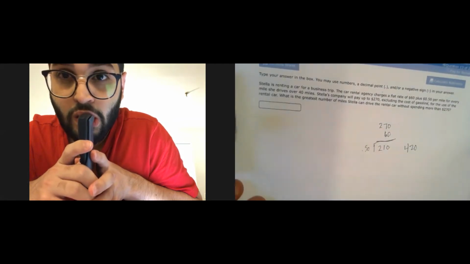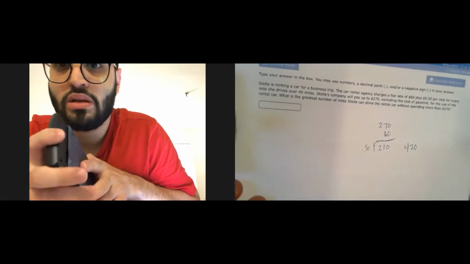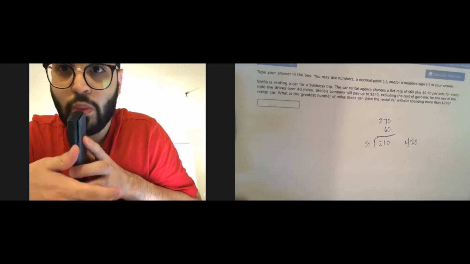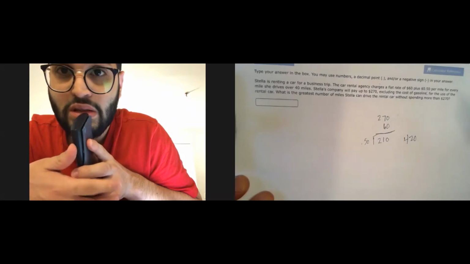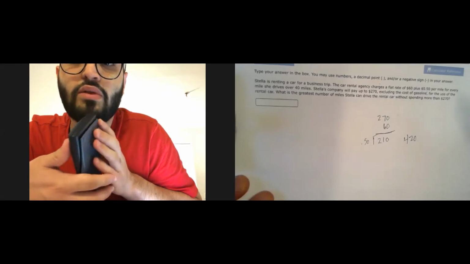Does that make sense? Okay, yeah. You're absolutely correct. So it says per mile, for every mile she drives over 40 miles.